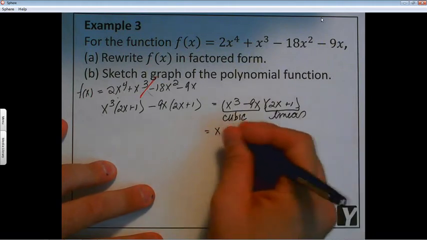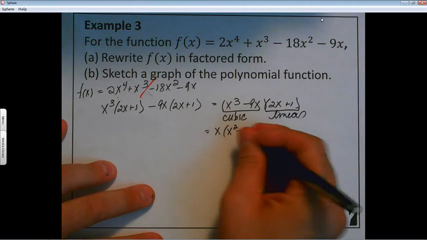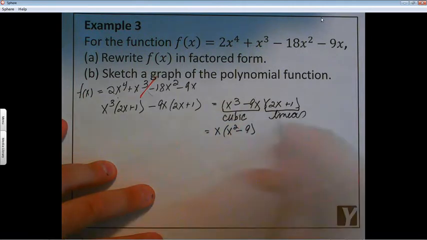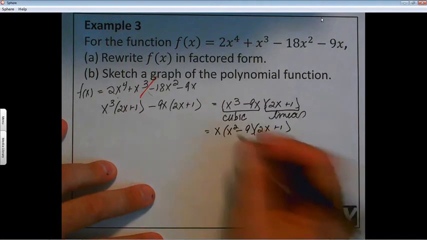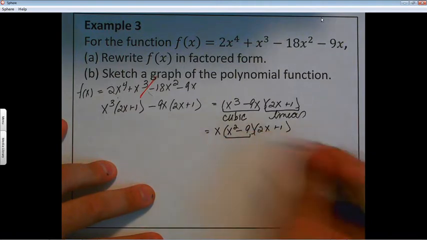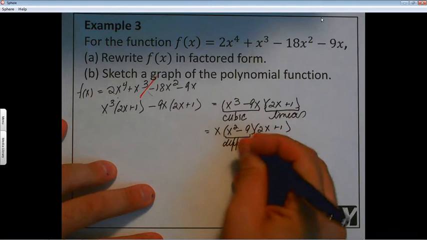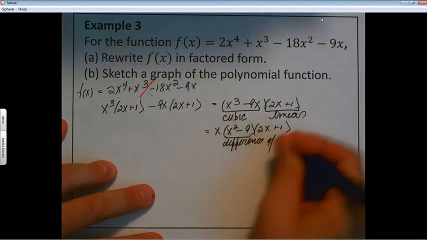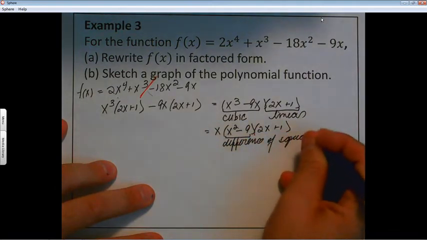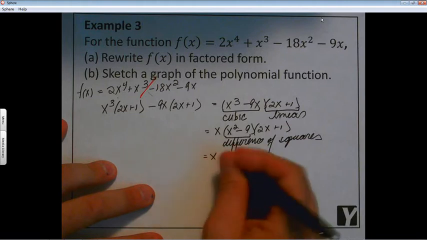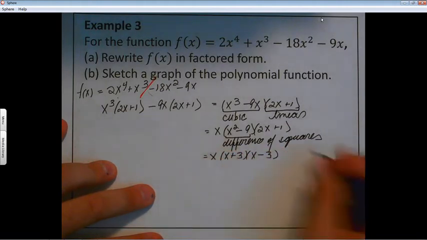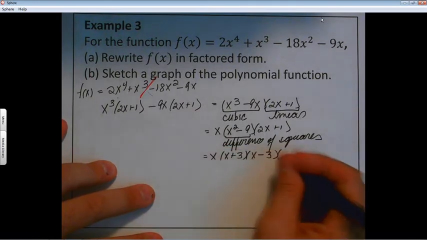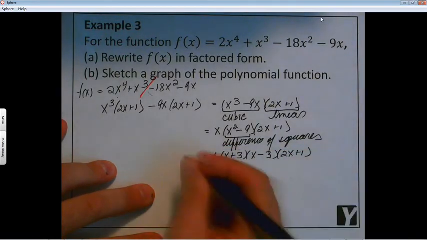However, the x cubed minus 9x is cubic, and if we're clever, I can actually see there's some more factoring to be done in here. X cubed minus 9x, there's a common factor of x that I can factor out. That would leave me x squared minus 9 times 2x plus 1. This x squared minus 9 is a difference of squares.